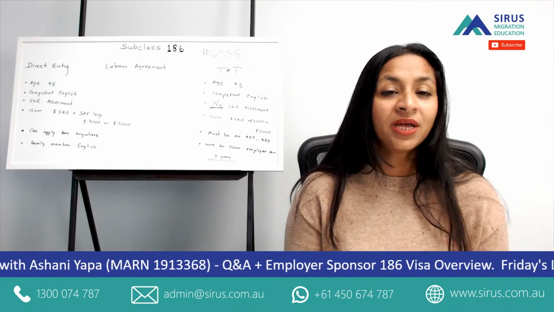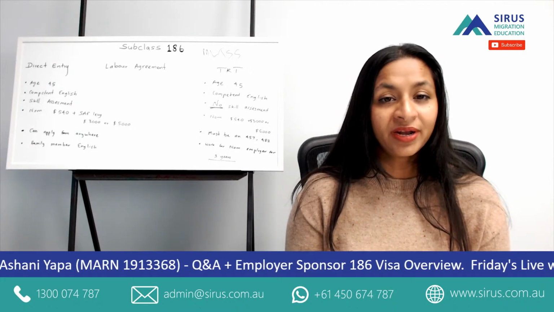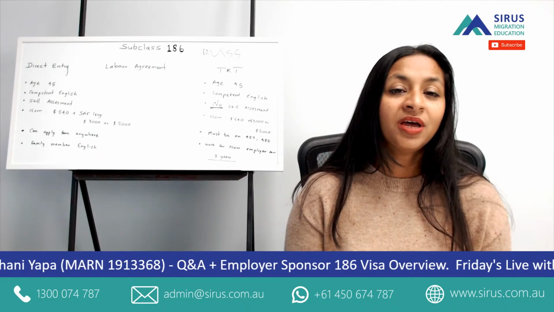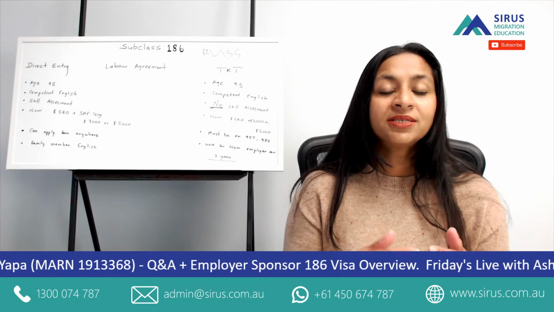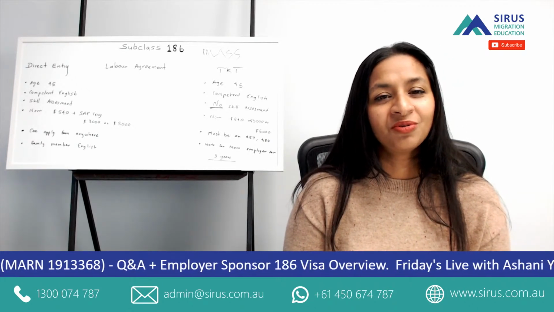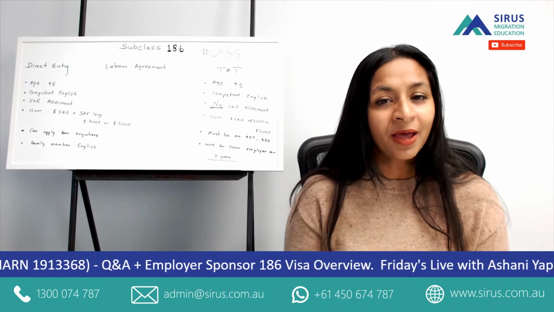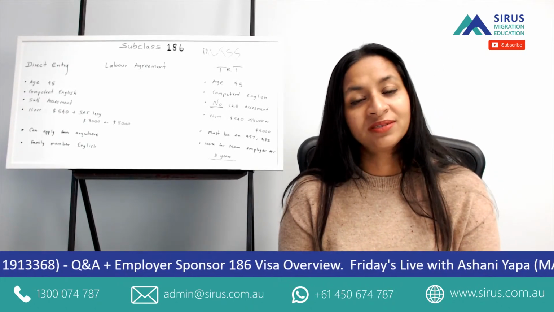But do tell your potential employer when they call you for an interview that you are looking for an employer nominated visa, because you don't have a visa to come to Australia. Some employers are willing, some employers are not willing to sponsor you for visas, but if they are happy, then we are looking at either 482 visa or subclass 186 visa.